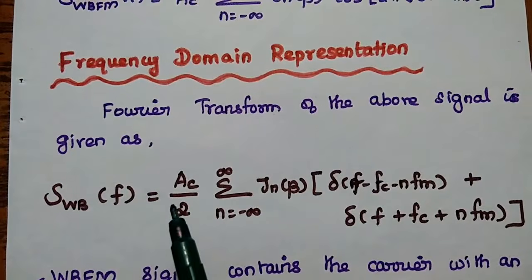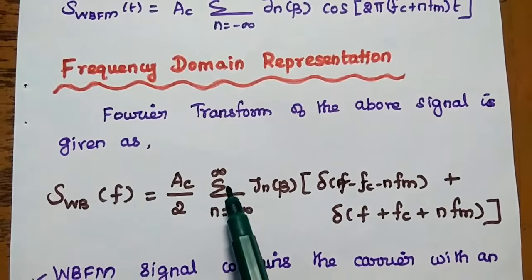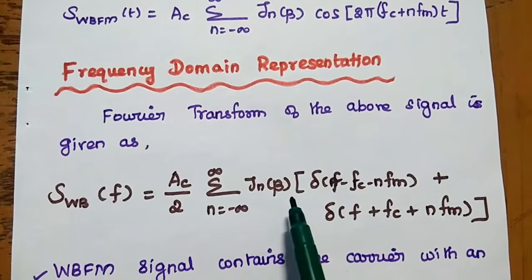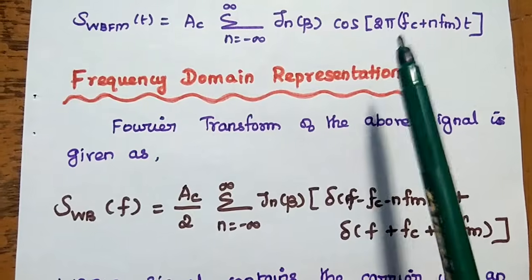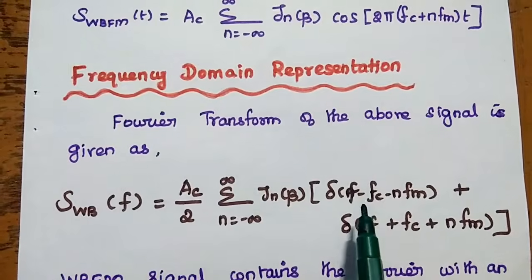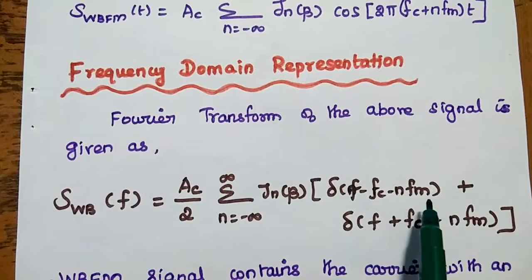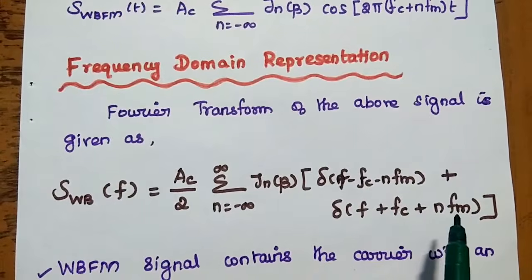The Fourier transform of the above signal is S WBFM of F is equal to AC by 2 summation n is equal to minus infinity to infinity Jn of beta and then this cos. Okay, Fourier transform of cos is nothing but the impulse signal over here. So delta of F minus Fc minus n Fm plus delta of F plus Fc plus n Fm.